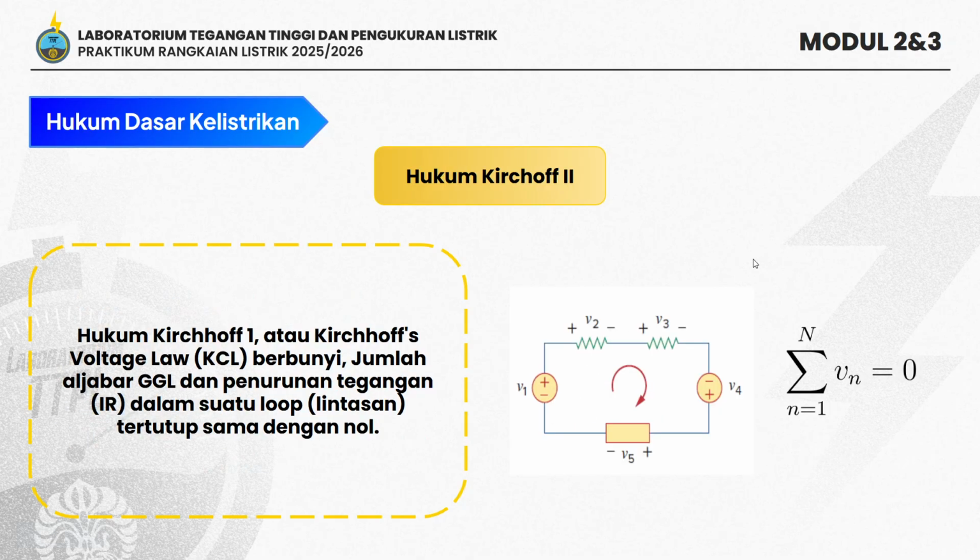The last one is Kirchhoff's voltage law, which states that the algebraic sum of all EMFs and voltage drops around a closed loop is equal to 0.